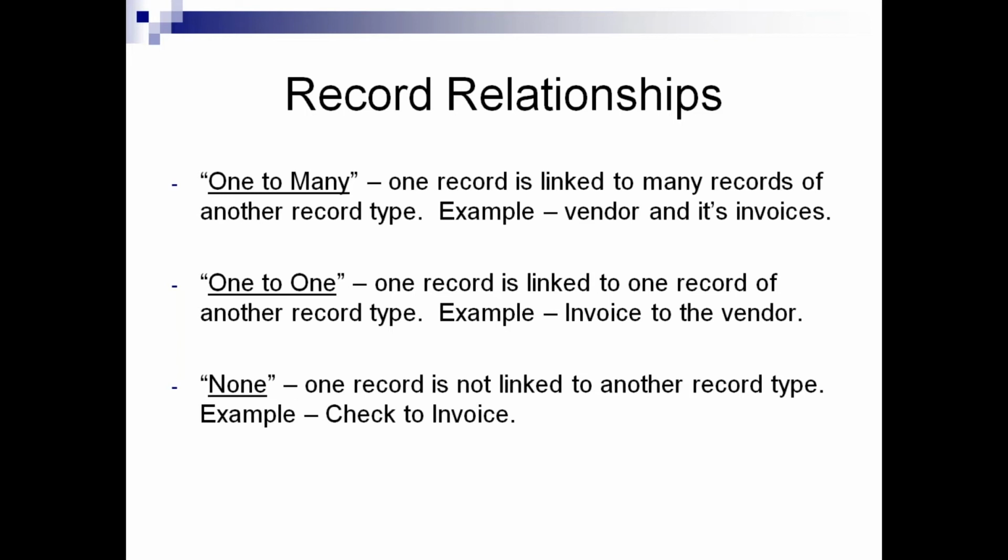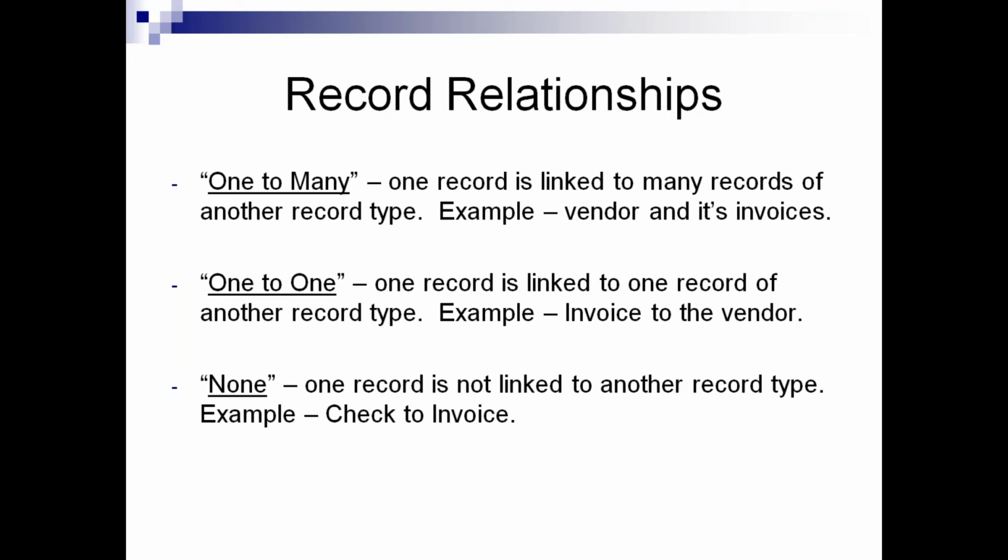Versus none, which is going to come into play today when we talk about functions. You may be pulling records into a report that have no relationship with each other. In that case, we'll try to build that relationship with a function or a formula. The example I'm giving here is check to invoice.